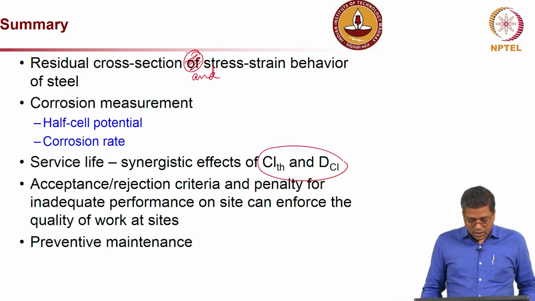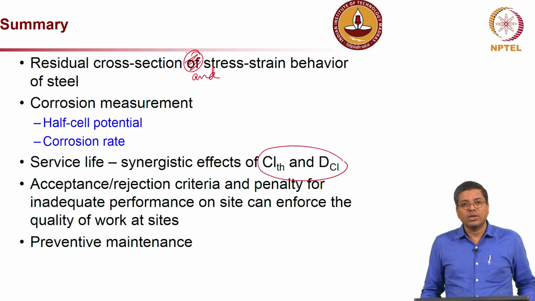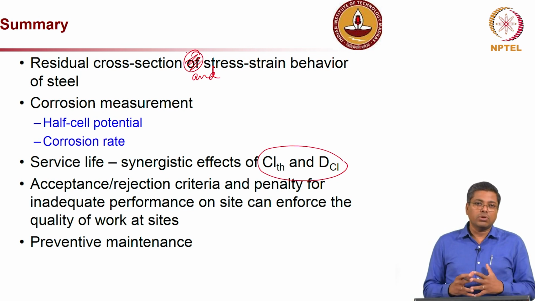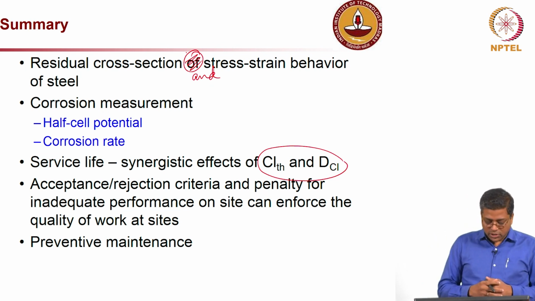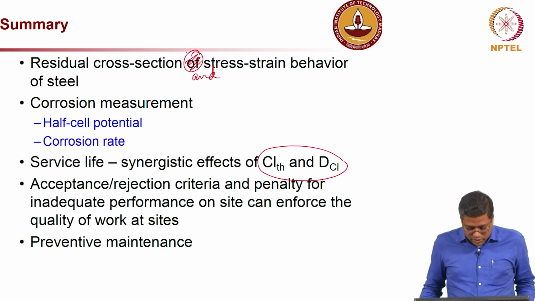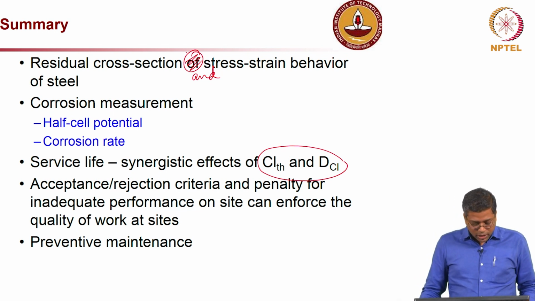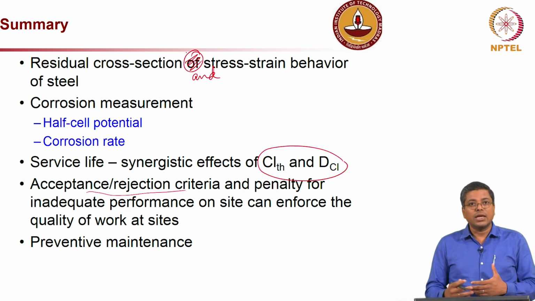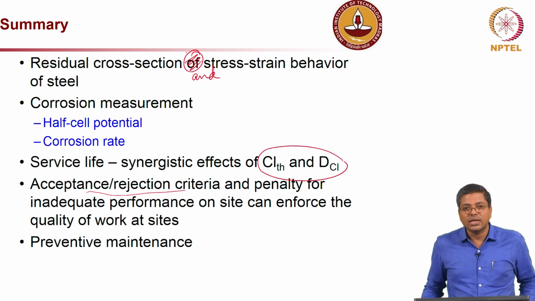Do not make a judgment or selection of materials based on either one of them. You have to really look at both chloride threshold and diffusion coefficient and how the combination influences the service life, and then choose appropriately.